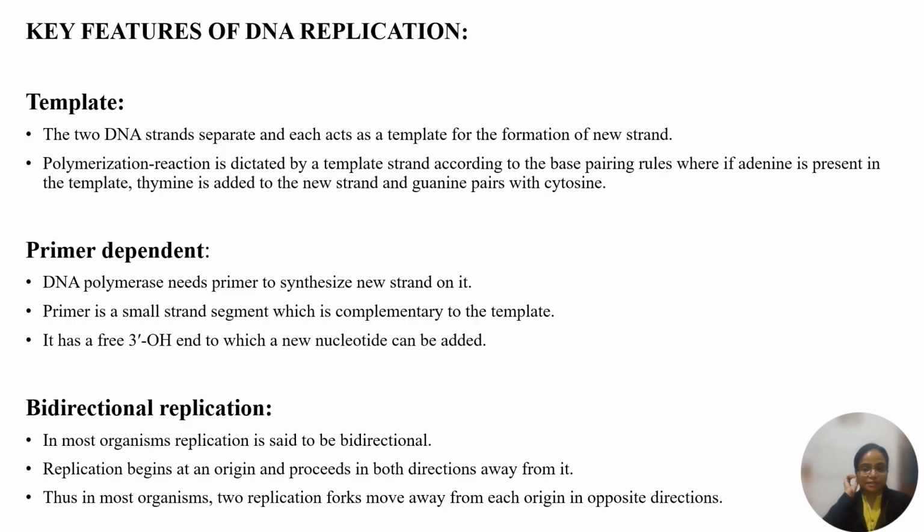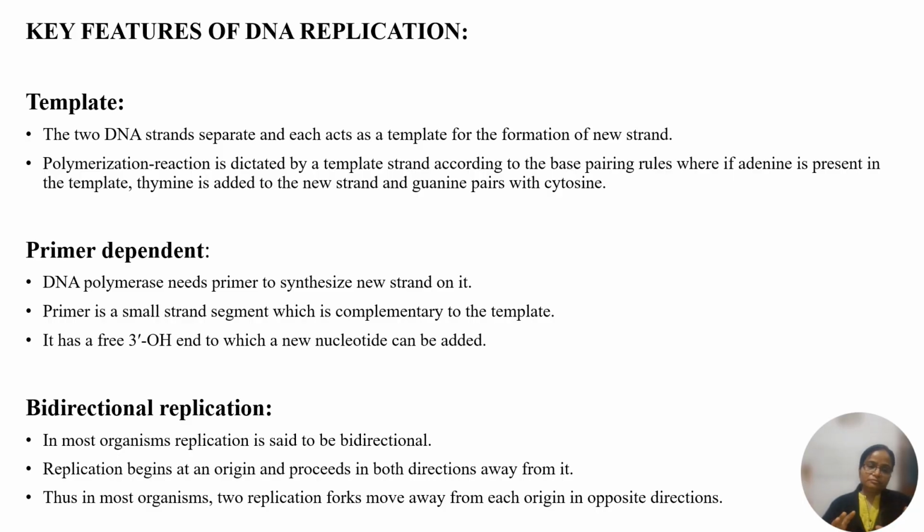Because we understand that in order for the replication process to start, the strands which are twisted together need to be separated. Otherwise, the process cannot begin. All right. So basically, unwinding is done. We understand this unwinding is done by the helicase enzyme. There's more to it. We'll understand in the detailed mechanism.